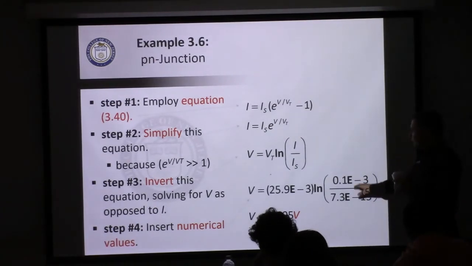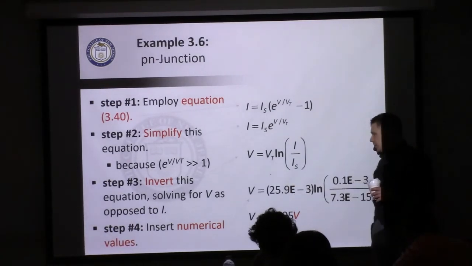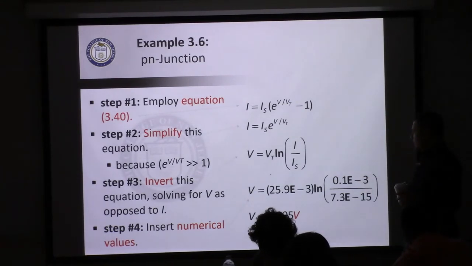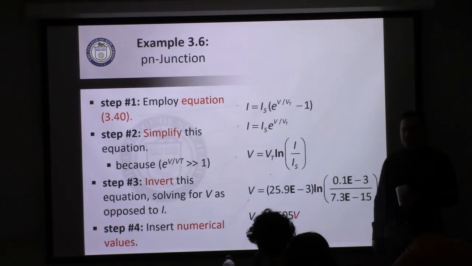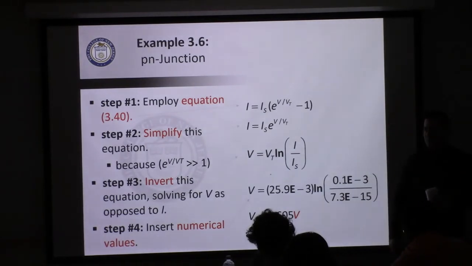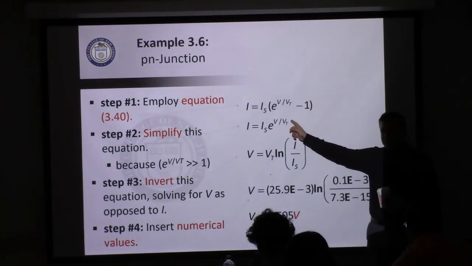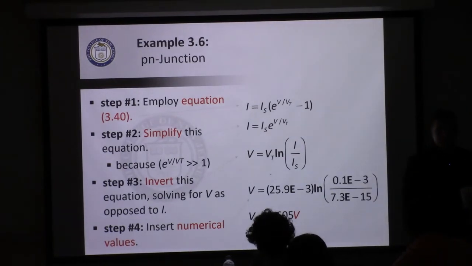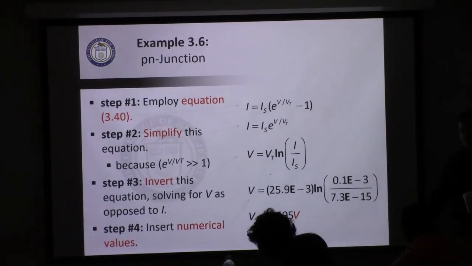We plug in the values that we have: 25.9 millivolts, the 100 microamps, and the 7.3 times 10 to the negative 15, and we end up with 605 millivolts, which is much larger than 250, or the 25, the VT, so that's fine, we can use that.